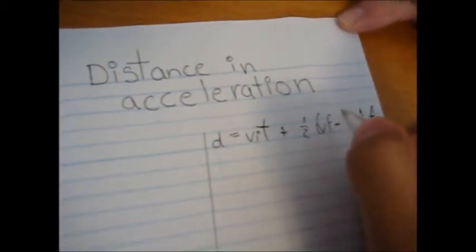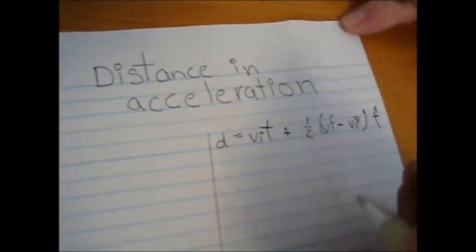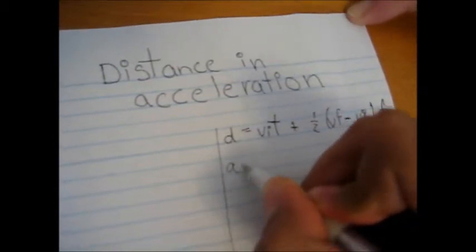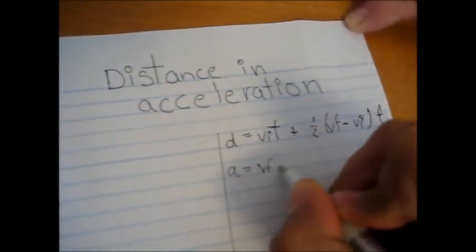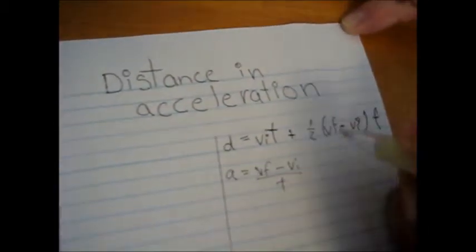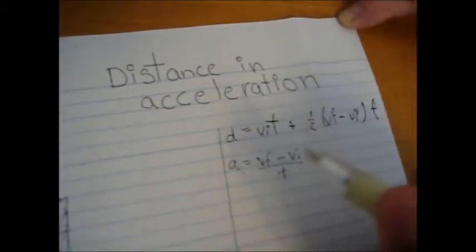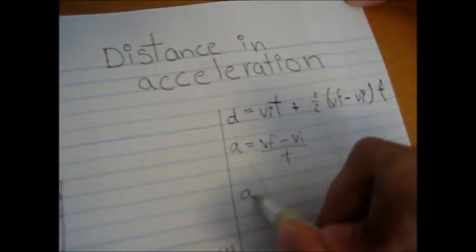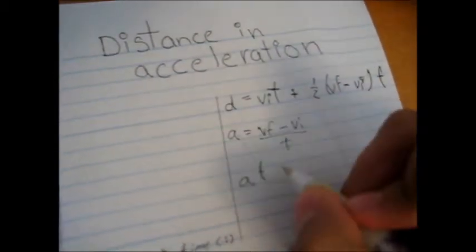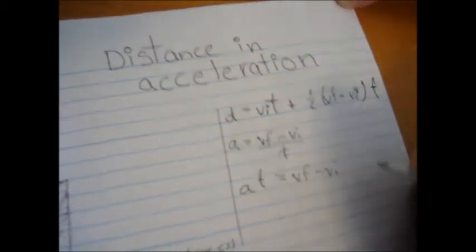But here we have brackets, and we don't want brackets, we want to simplify that. So from the formula, acceleration is equal to final velocity minus initial velocity over time that we saw in the last video. We're going to bring this time to this side, so we're going to have acceleration multiplied by time, because it's dividing, so it goes multiplying, equals final velocity minus initial velocity.